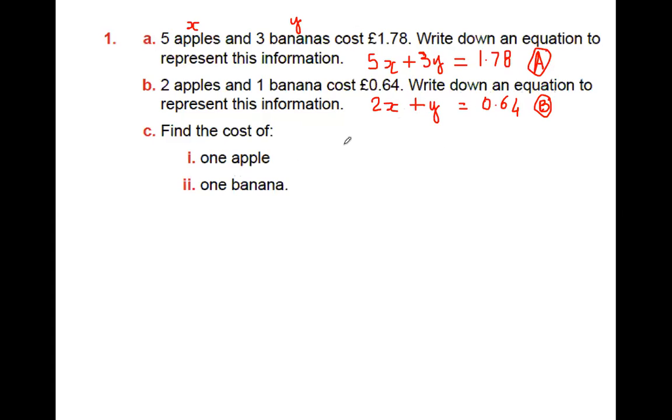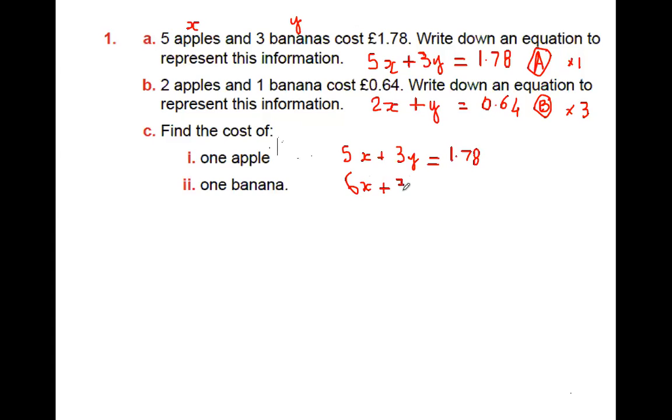So if I do B times 3 and A by 1, I will get 5x plus 3y equals 1.78, whereas the other one becomes 6x plus 3y.